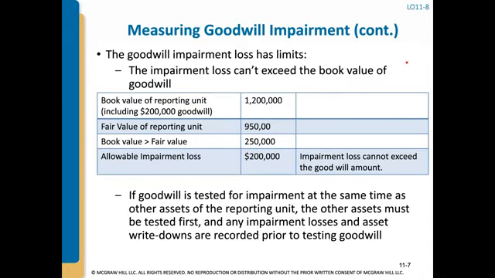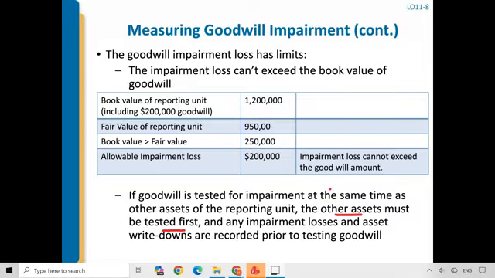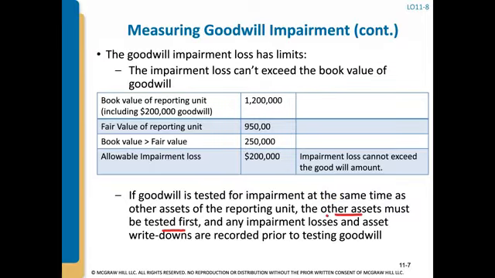Okay. So goodwill is tested on a reporting unit basis. But if there are other assets within that reporting unit that can be separately identified, they need to be tested first for any impairments, such as any finite PP&E or finite intangibles, or even some indefinite intangibles that can be separately identified, like a copyright or a trademark.